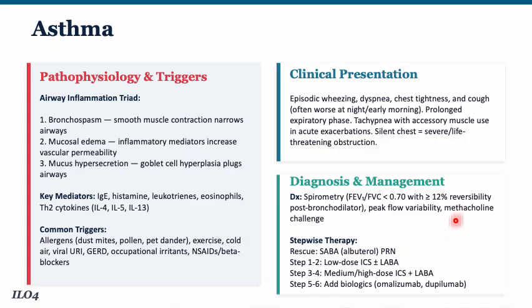You can also use the methacholine challenge when also utilizing the spirometry. So stepwise treatment. For rescue, patients can always use a short-acting beta agonist like an albuterol inhaler. It can be used as needed.